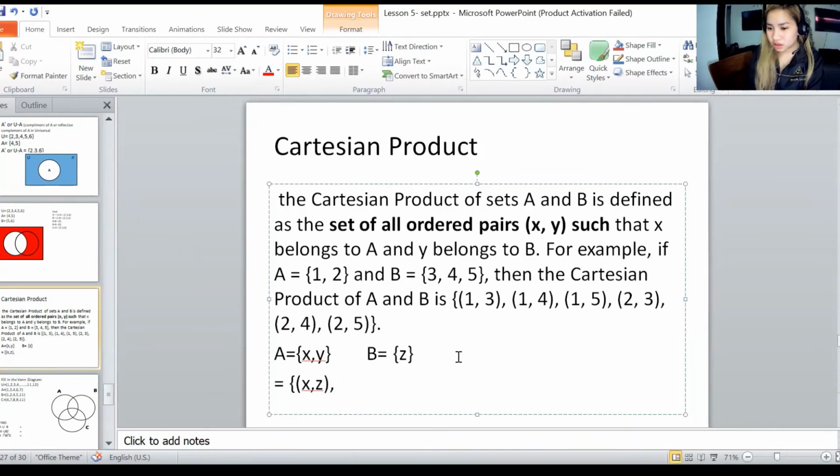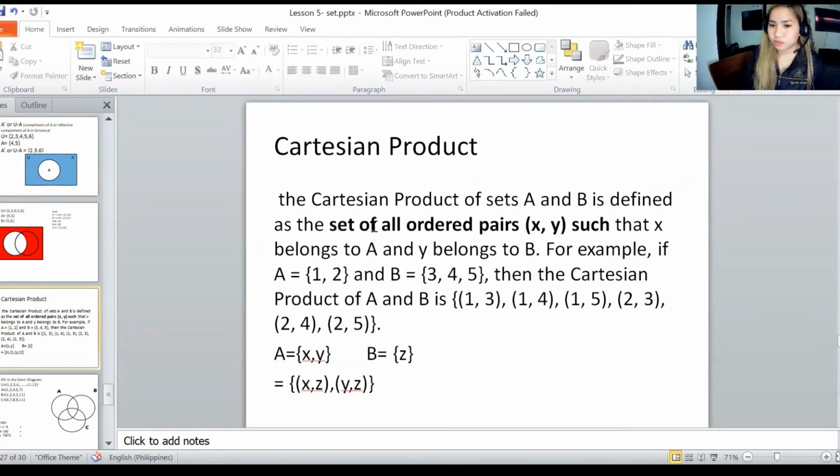Next, wala na po siyang kasunod kaya dito na tayo sa y. So, distribute natin yung y dito sa elements ni B. We have ordered pair (y, z). Yan lang po yung final answer. Again, sa Cartesian product, distribute nyo lang po yung elements nung first set dun sa second set.